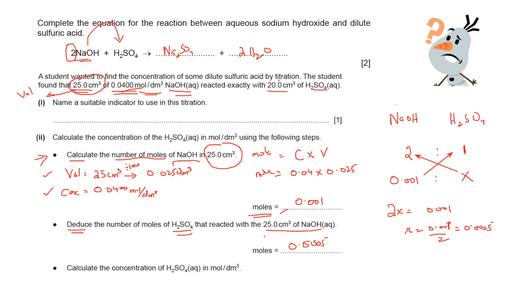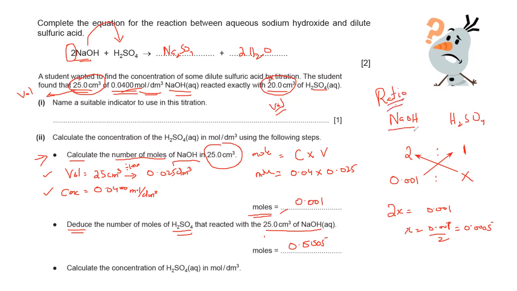Why do we use a formula? Because the concentration and volume were given for sodium hydroxide. That's why we use the formula. But for the second one, sulfuric acid, we don't have its concentration. We have only its volume. The volume of sulfuric acid is given, but we don't have the concentration. So we cannot use the formula. That's why we use the ratio.